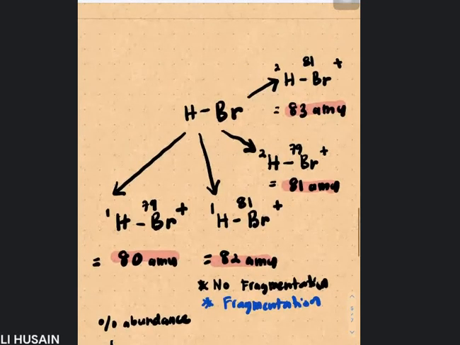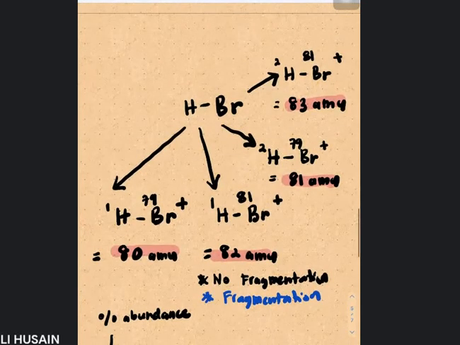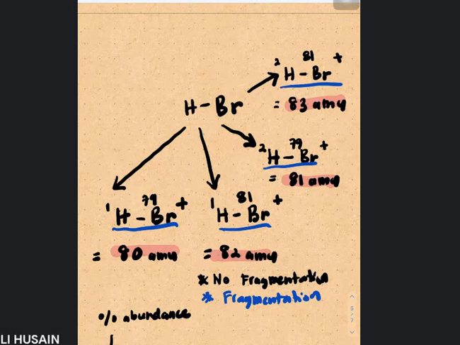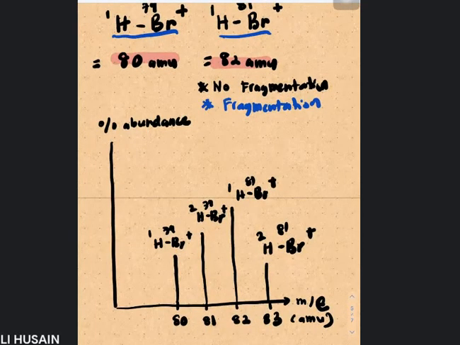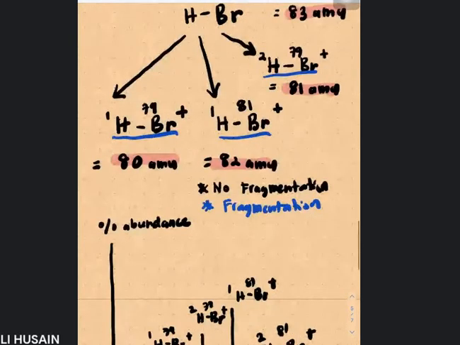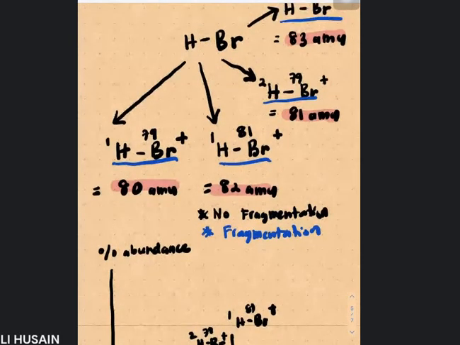When you have fragmentation, by right all of these species will still be there, because not all molecules will break. Some will remain intact. So if you have fragmentation, these 4 peaks must still be there. On top of that, some of these molecules will break.